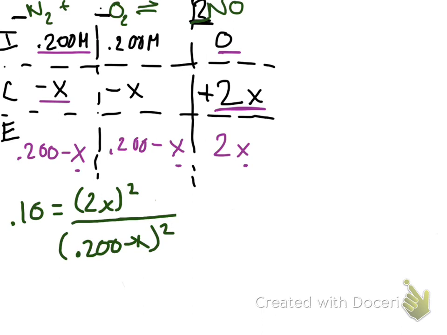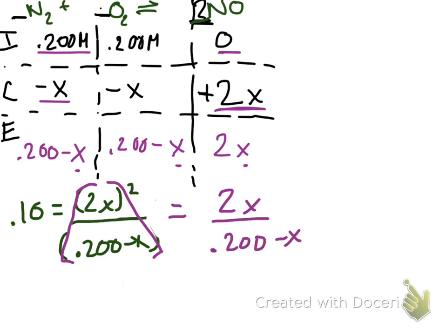Okay, and we need to figure out what x is. Well, we have something squared over something squared, so we can actually just say all of this is squared, and we can move the square outside. So now, just to be clear, this is equal to 2x over 0.200 minus x all squared, and that equals 0.10.